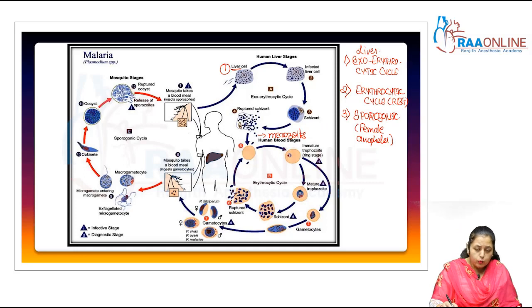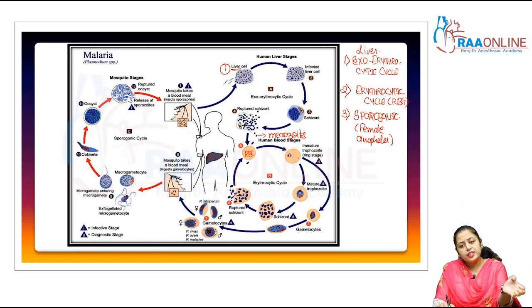See, when these merozoites are released and infect the RBC, what will happen now? In the infected RBCs there are two stages, right? The immature trophozoite, which is called the ring stage, occurs.